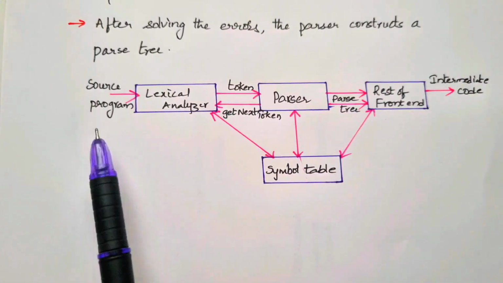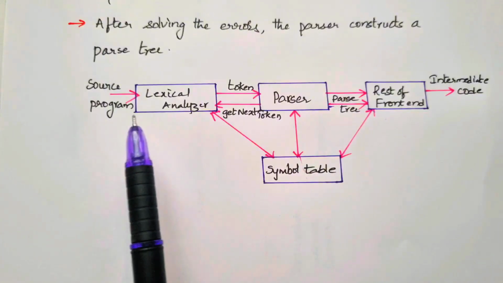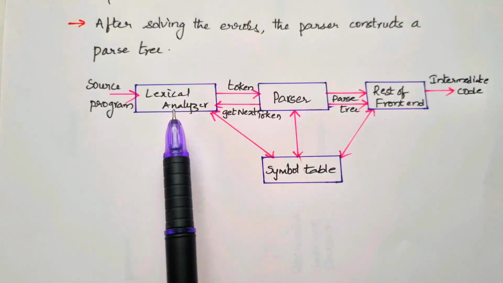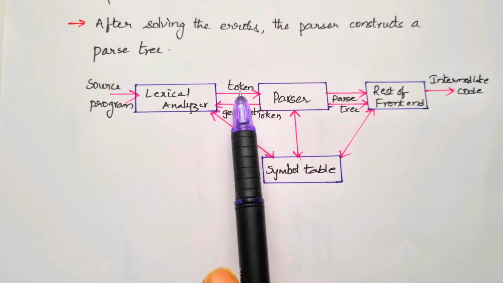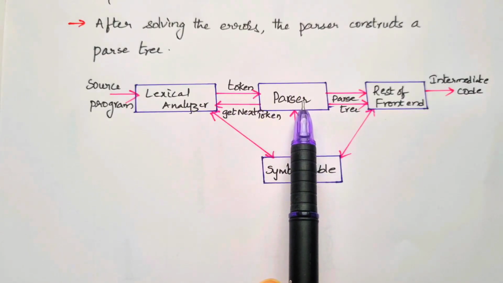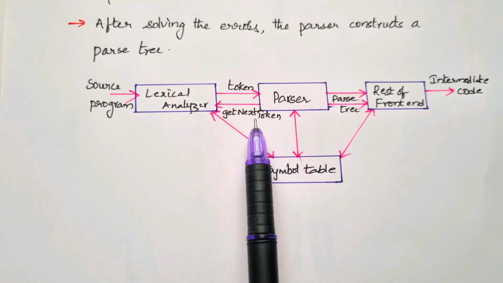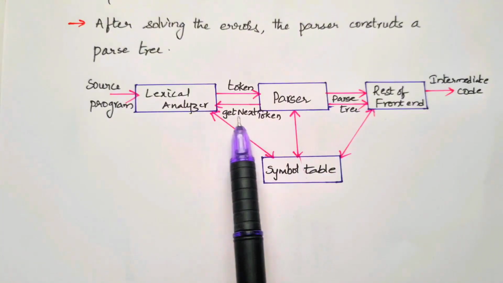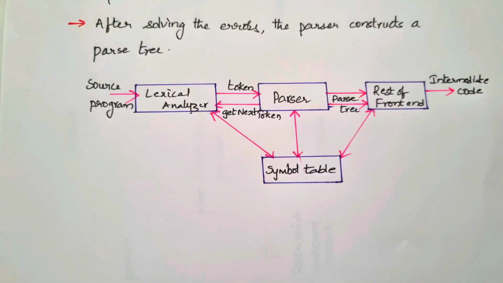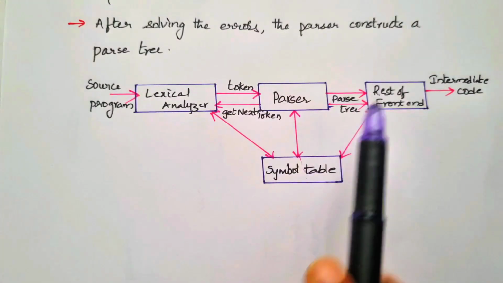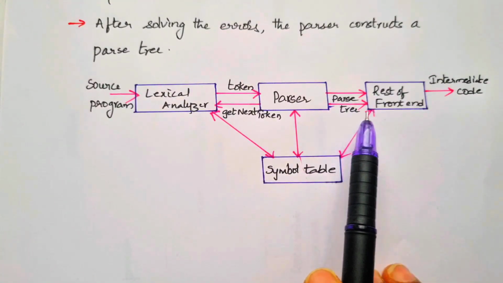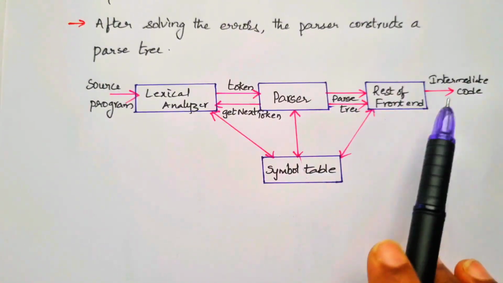Now let us look at the diagram. The source program is first given to the lexical analyzer. The lexical analyzer converts the input into tokens and sends them to the parser. The parser may also request the next token whenever required using the getNextToken command. After analyzing the sequence of tokens, the parser generates a parse tree and passes it to the rest of the compiler frontend.